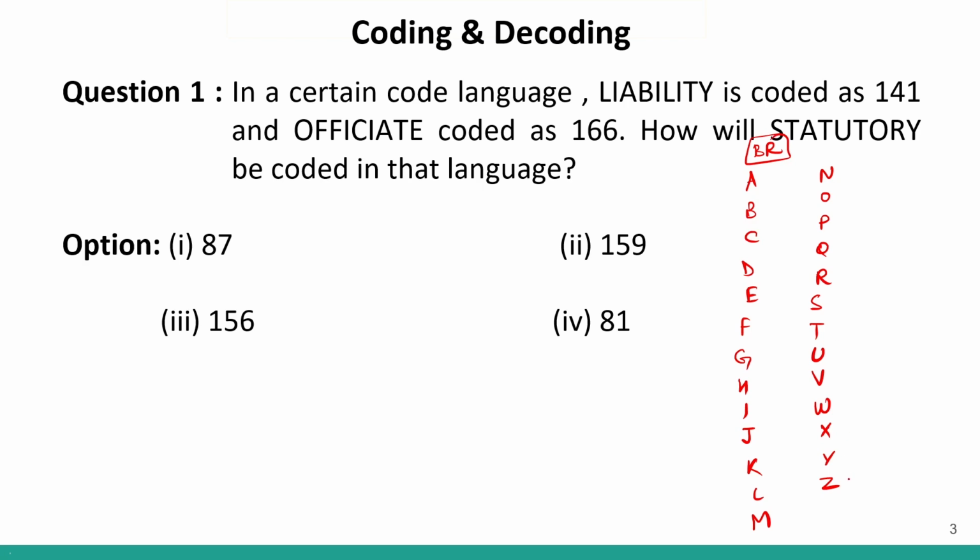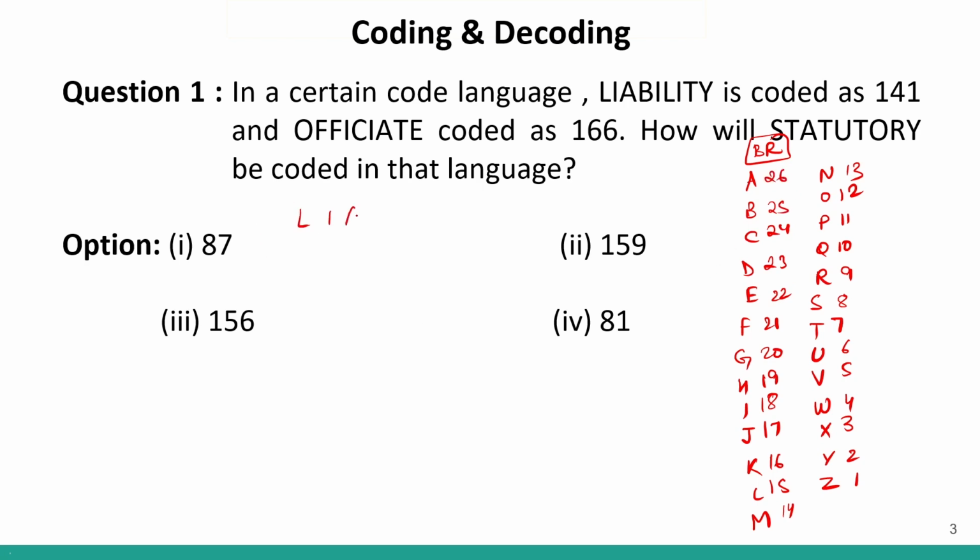From Z we will go in an increasing manner, from A in a decreasing manner. So 1, 2, 3, up to 26. These are your backward ranks.